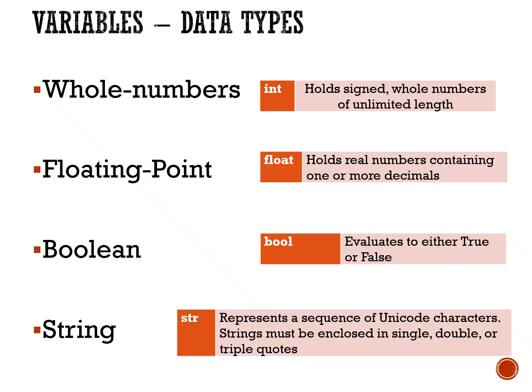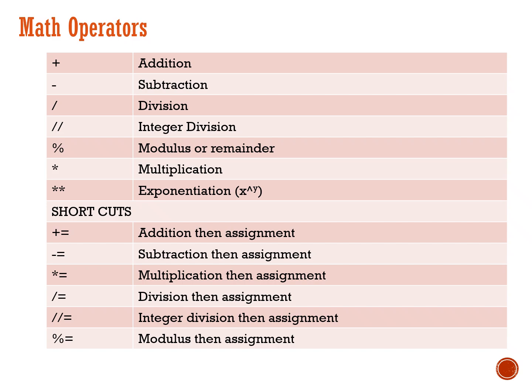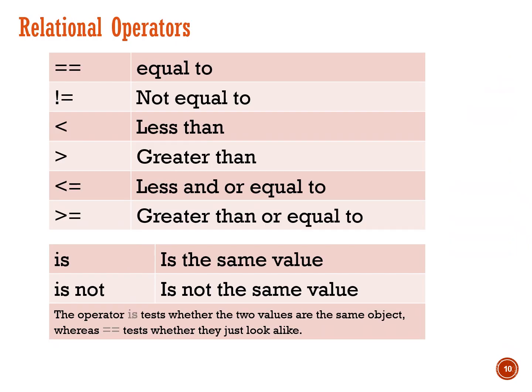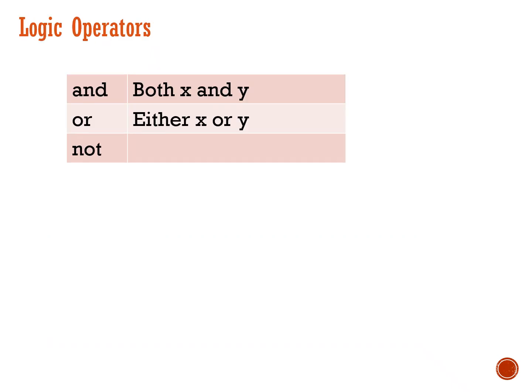And because we're going to be doing some calculations, we probably need some math operators. And if you'll notice at the bottom of the slide, there are some shortcuts that we'll be learning about to these math operators. And we're also going to learn about relational operators such as greater than, less than. And then we're also going to learn about logic operators: and, or, and not.